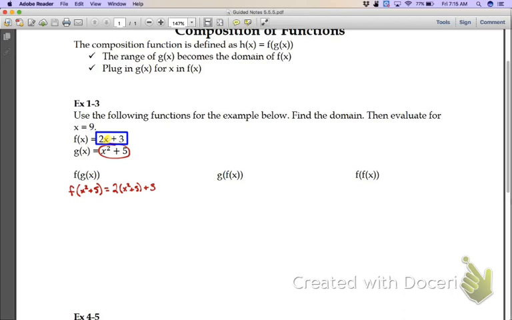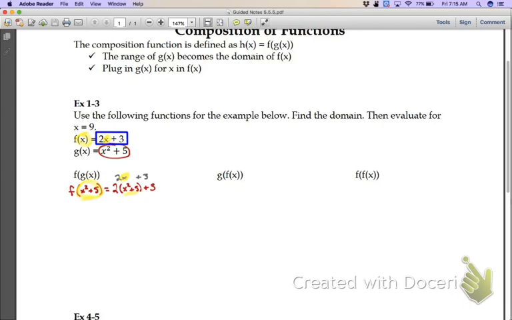My original function was 2x plus 3. All I did was take this x and replace it with x squared plus 5.